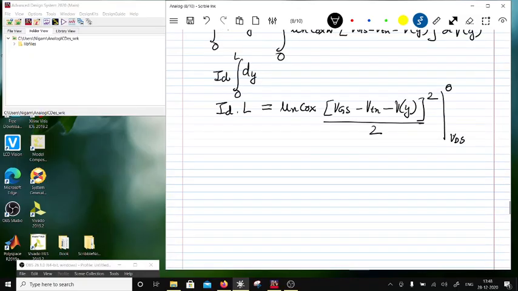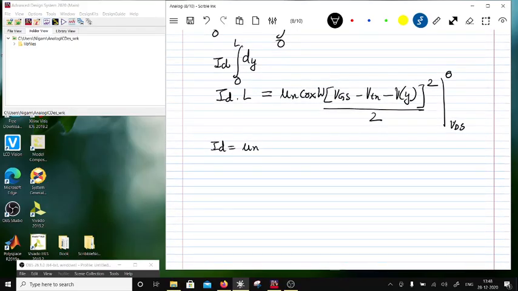Okay, so this is what I'm going to get. So next, Id is equal to mu n Cox by 2 times W by L into this.